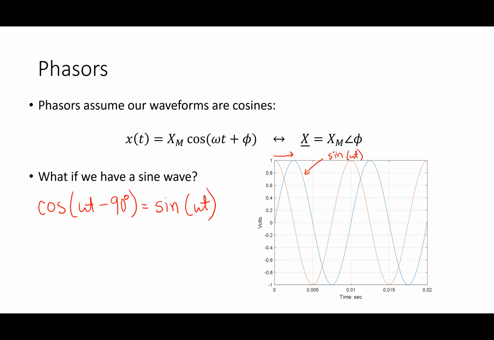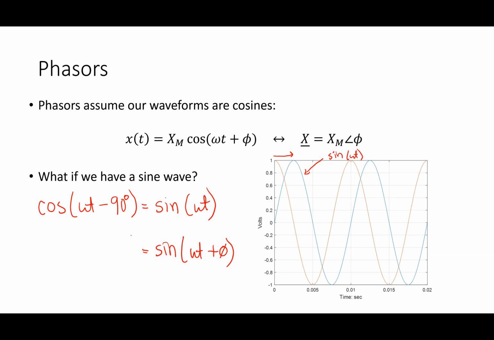You can go and find it online, just Google trig identities. But in my mind, I can picture very easily how I can move a cosine and turn it into a sine, okay? So let's say I had sine omega t plus some phase shift. What would I need to do to turn that into a cosine, do you think?